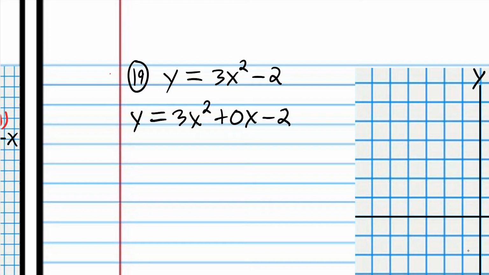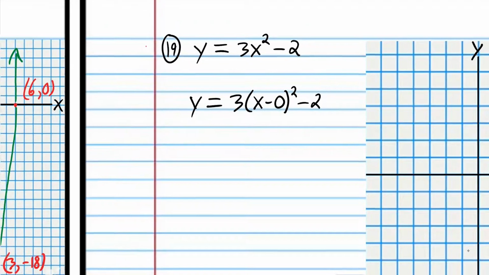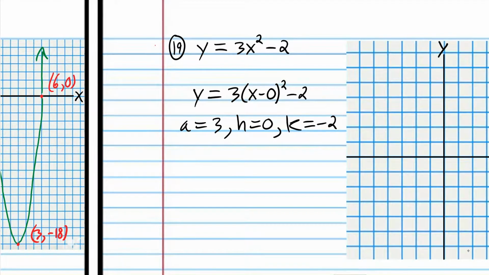But it's actually easier to interpret it as a vertex form. Intercept form we cannot use in this case. We could convert to intercept form, but that would not be easy. So I'm going to write x minus 0 instead of x, and now you can see we're in vertex form. H is equal to 0 and k is equal to negative 2. So that's how we can interpret this.